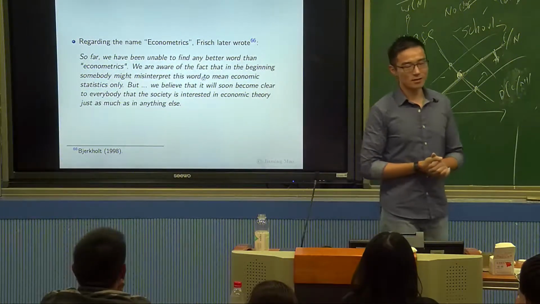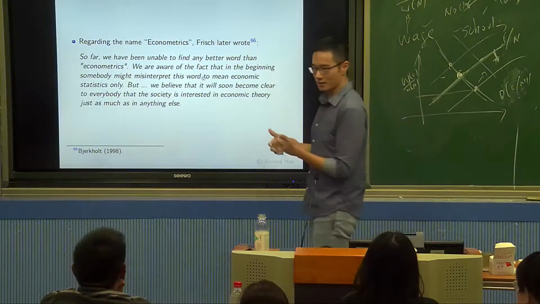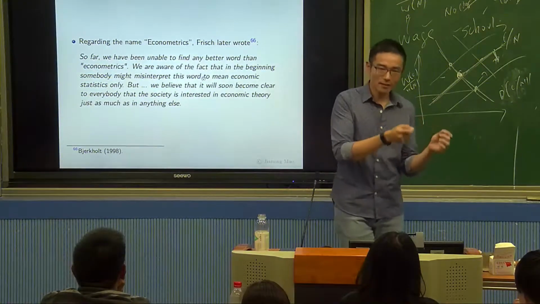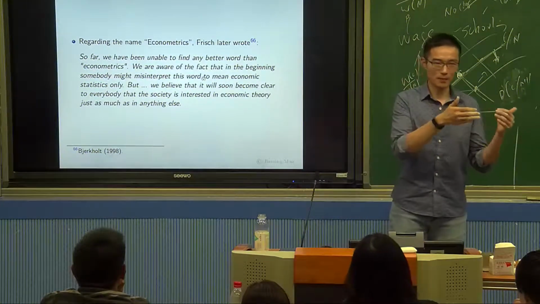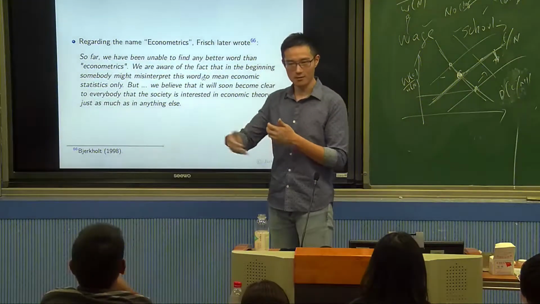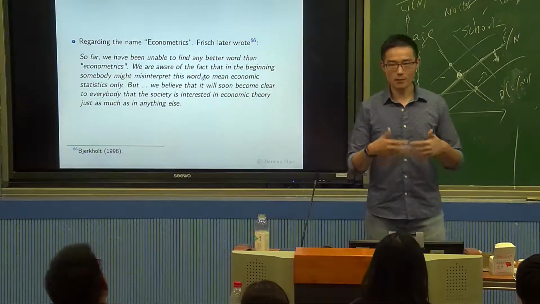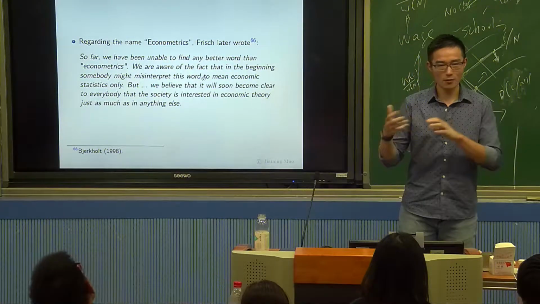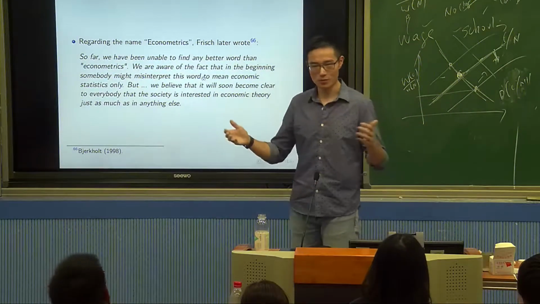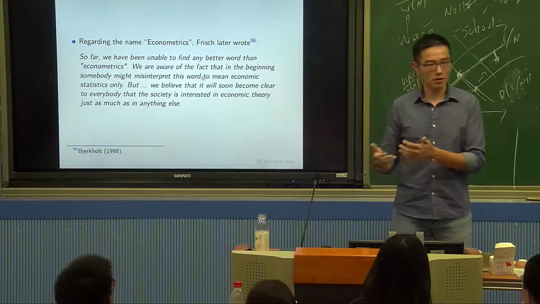So in other words, when econometrics was founded, the specific goal was to apply economic theory to data. Later on, throughout history, as it developed, theory became less and less used, and then we have two schools, structural and reduced form. In the reduced form approach, economic theory was almost never used.